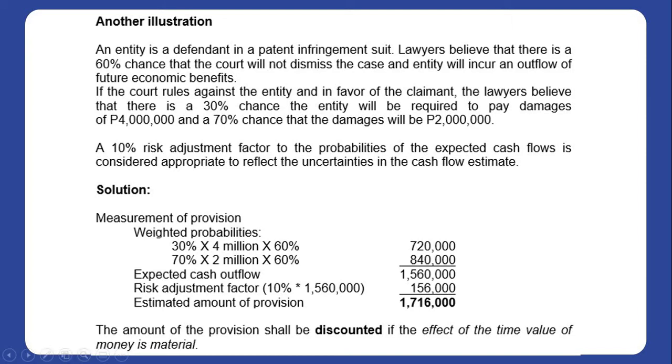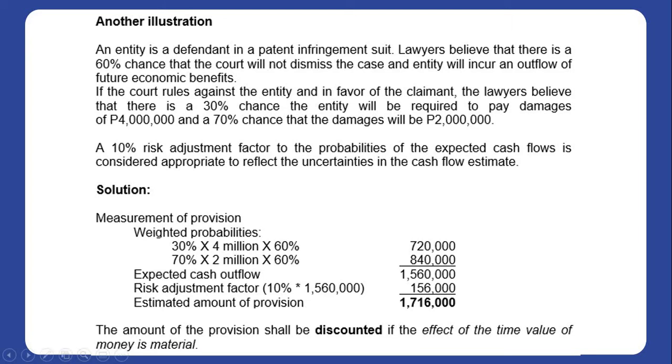So 60%, that is 720,000. Well, the other outcome, 70% that 2 million will be paid. So, 70% times 2 million times 60% chance to lose the case, we have 840,000 for a total of 1,560,000. That is the expected cash flow. So, the expected cash outflow is 1,560,000.